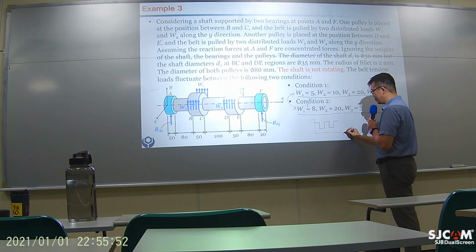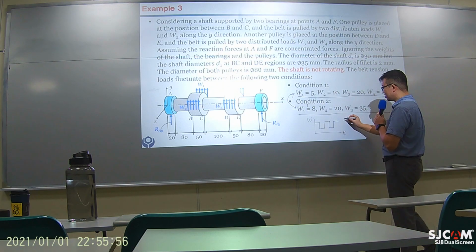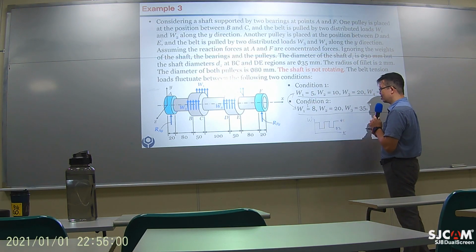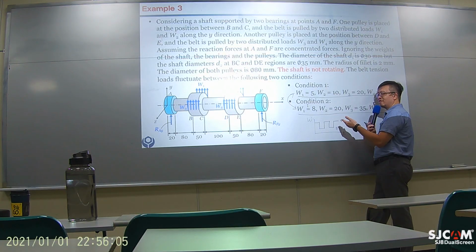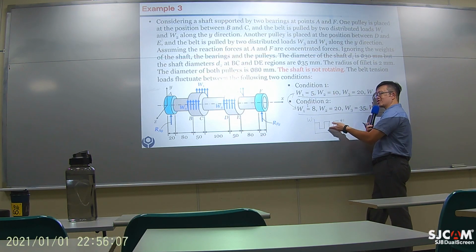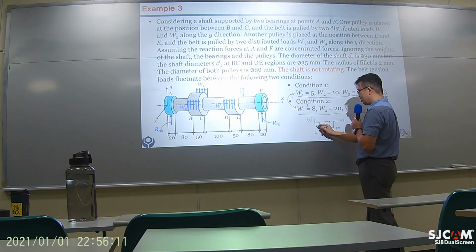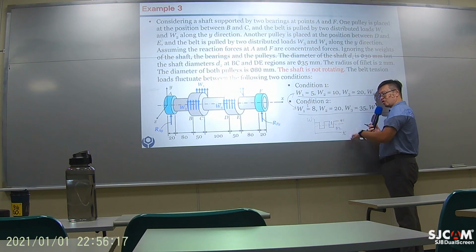So this is time, this is the load, some of the load, and this is condition number one, this is condition number two. If the fluctuation of the loads looks like this, of course it's easy to handle, and you can study the mean value and you can study the amplitude, so you know what to do later on.